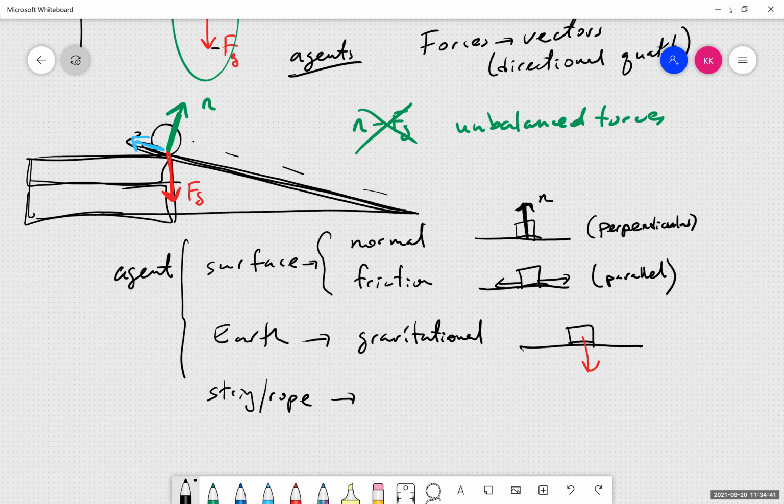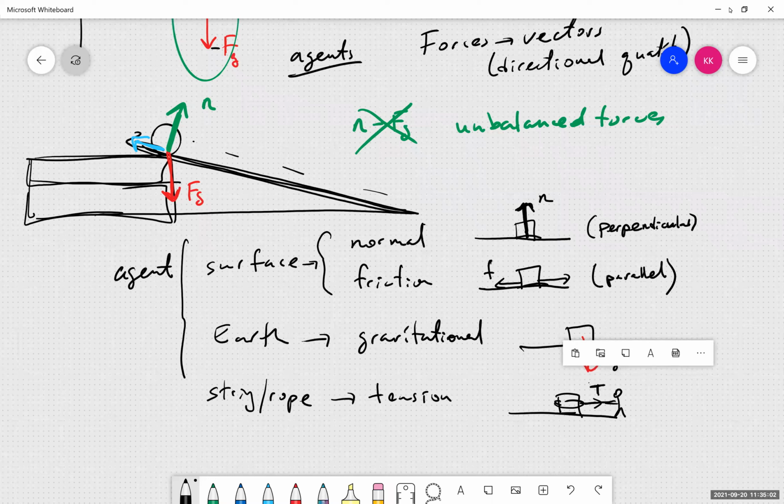Usually from this, you get tension force. So for example, if you have a box and then you wrap a string around it, and somebody's pulling by that string, we say that that's a tension force, and it's given with a capital T. So this is F of G. This is friction force, lowercase f, and this is normal force.